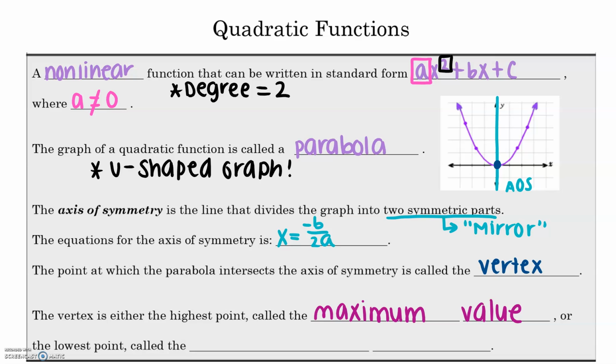If the vertex is the lowest point on our parabola, we call that our minimum value. So on the graph above here, our vertex is a minimum value because it is the lowest point on our parabola.